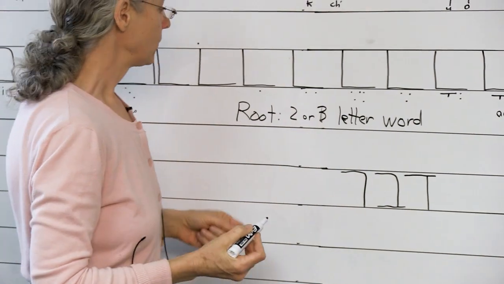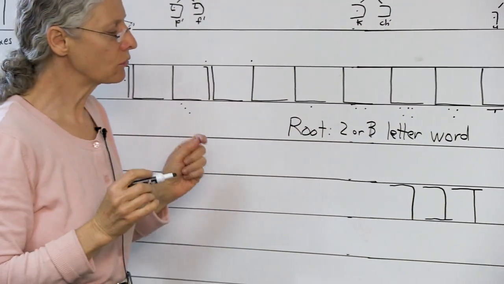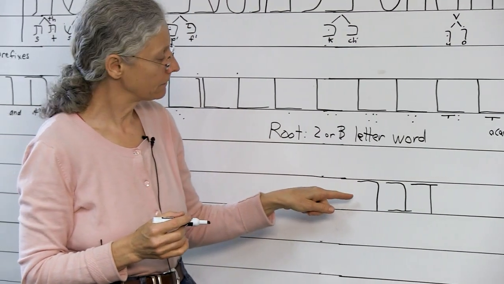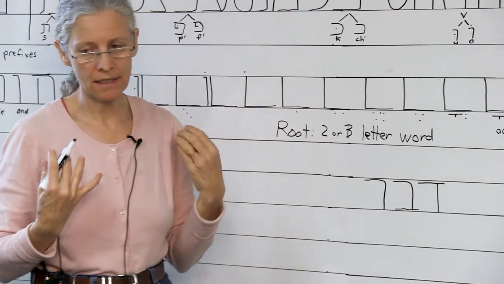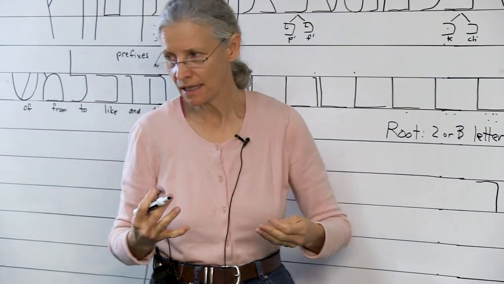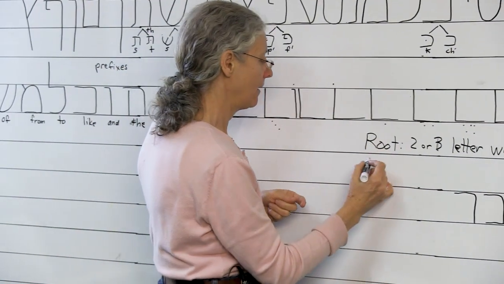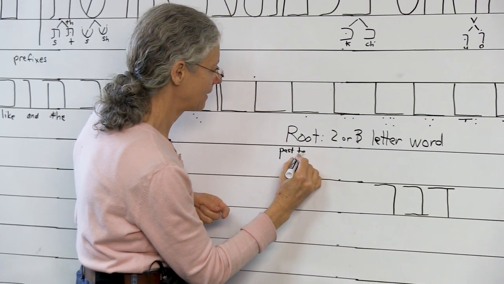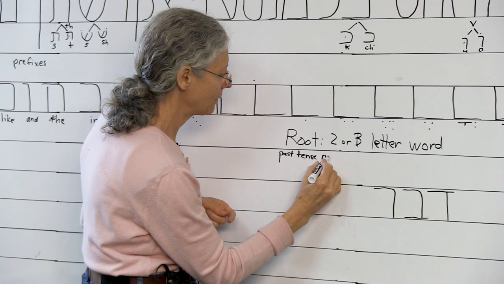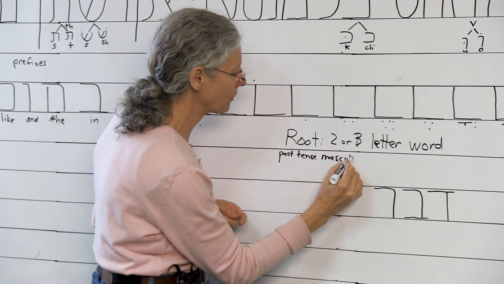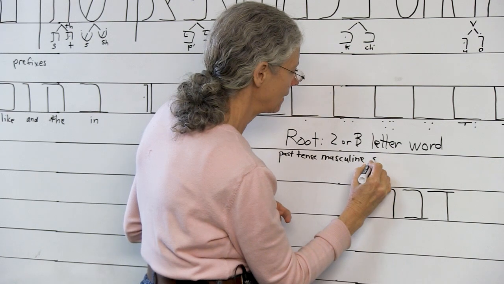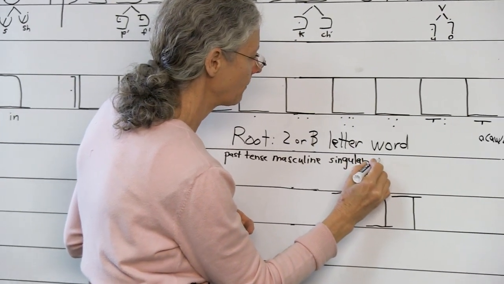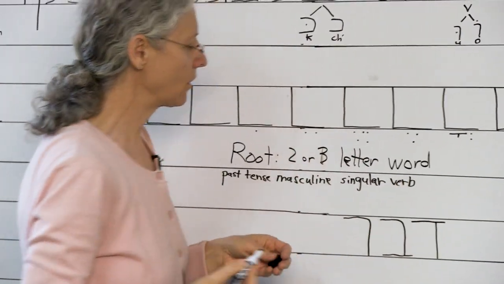All righty. So when you write out a root, you're going to be writing out 2 or 3 letters. And the way it's traditionally pronounced is the past tense masculine singular verb, because that's the simplest verb to pronounce.